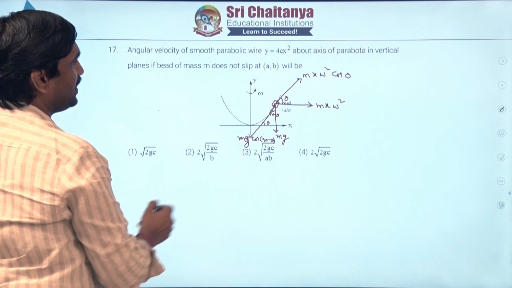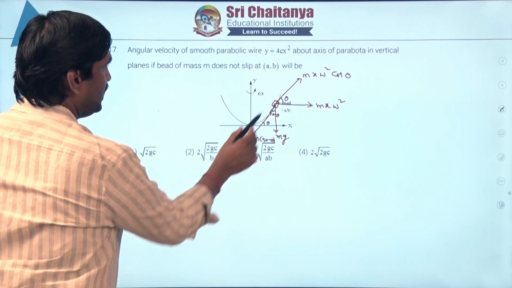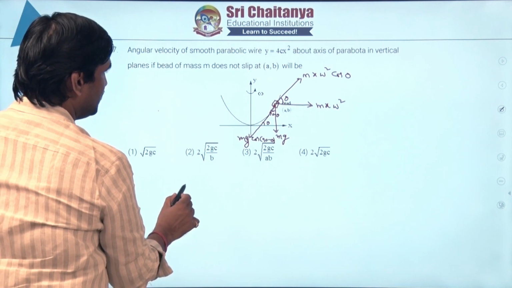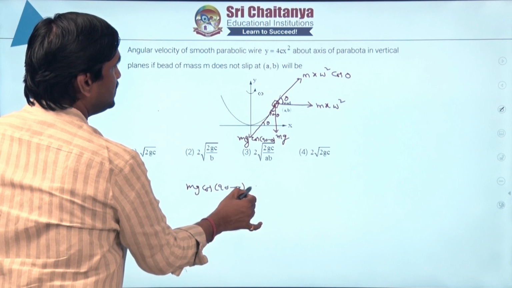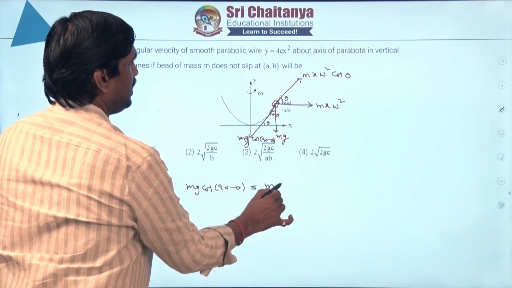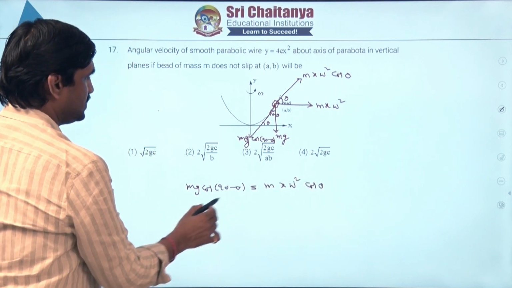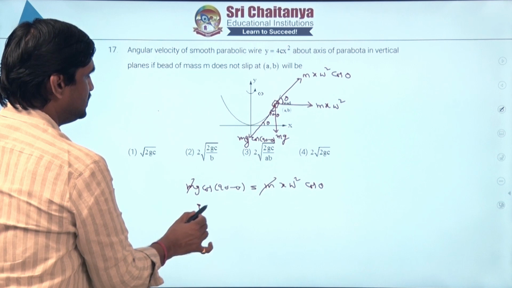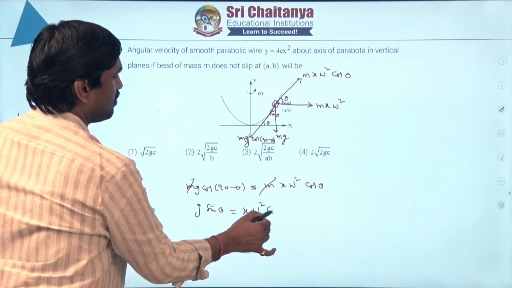Now, by equating here, it is stationary, means mg cos 90 minus theta is equal to m x omega square cos theta. Now this gets cancelled: g sin theta is equal to x omega square cos theta.